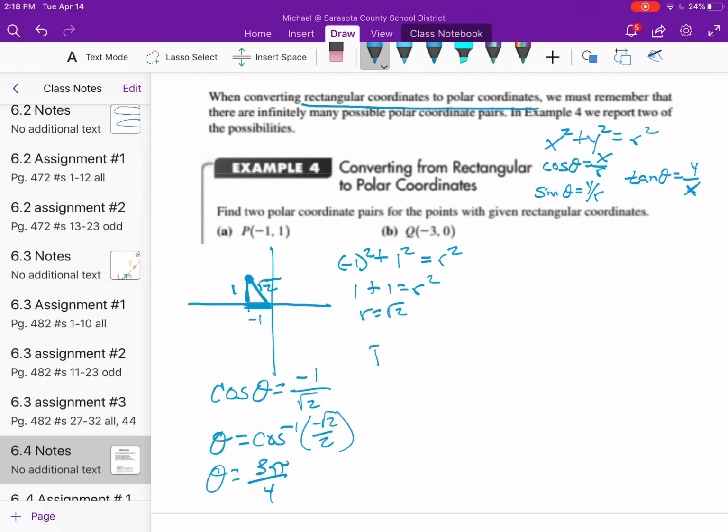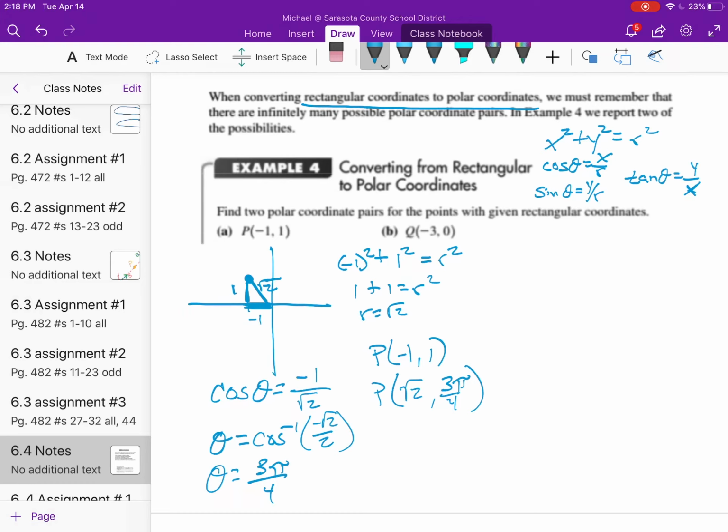So let's think about this. I have the point -1, 1, and I want to convert it to polar form. That point is going to be radius comma theta. The radius was the square root of 2, and then I have 3 pi over 4. But we have to take into account that if we had a negative radius, we would have to turn that over and add pi to our 3 pi over 4.